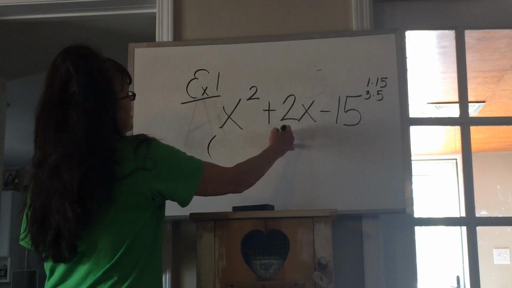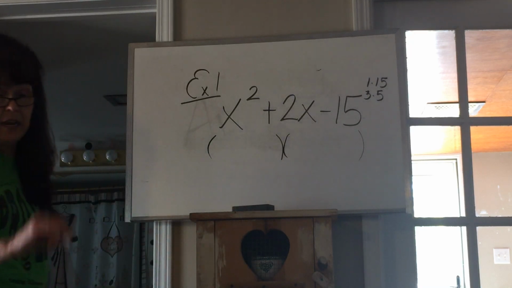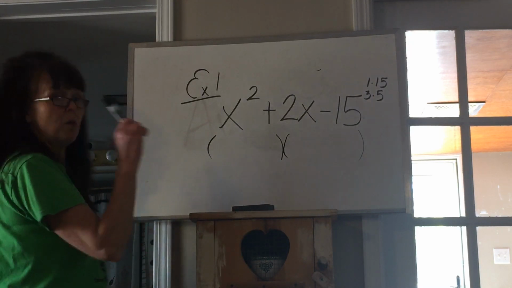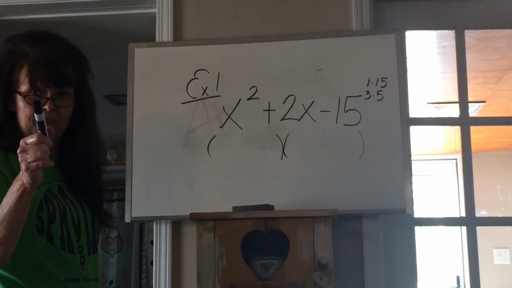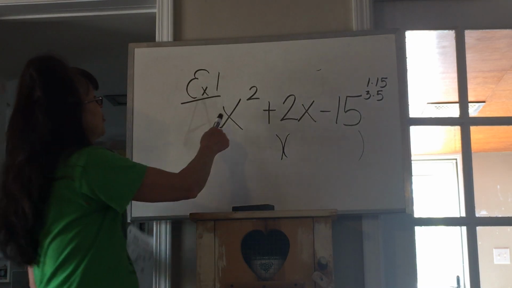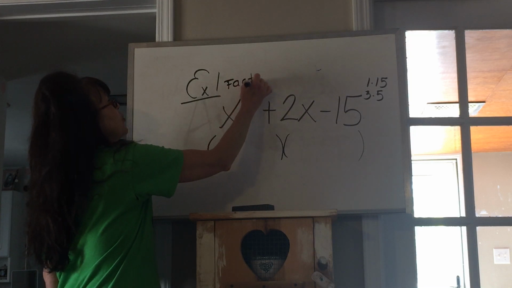How many parentheses? Well, you're going to open up 2 parentheses. Now, what were those magic words? Factor, skip, and then factor. So you're going to start with the first one, and you're going to factor x squared.